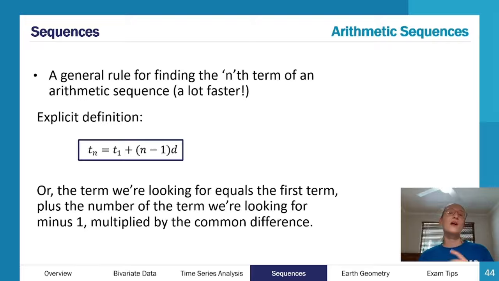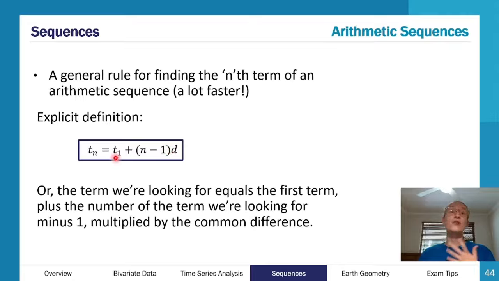If, for example, I'm looking for term 25, I'm going to let n equal 25, and as long as I know the right information, I can solve and find my unknown variable.